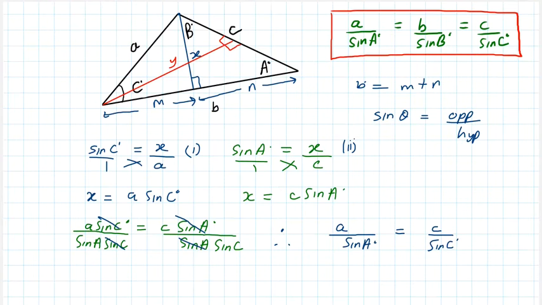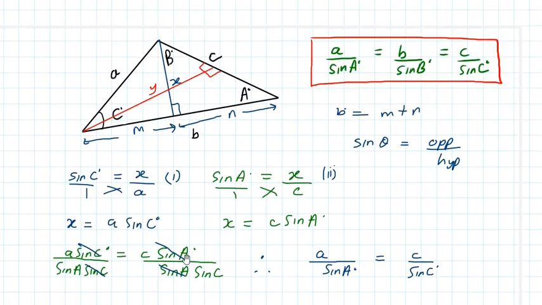We are approaching it the same way we did the first time, when we determined a over sine A is equal to c over sine C. So the new terms: we can call this one m and o, and we can call this p and this one t. From here to here it's p, and from here to here it's c.